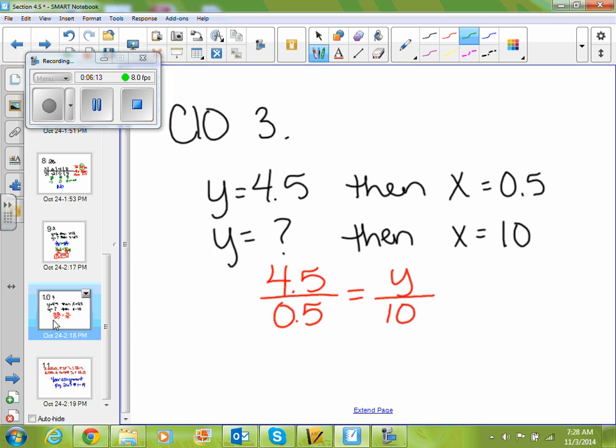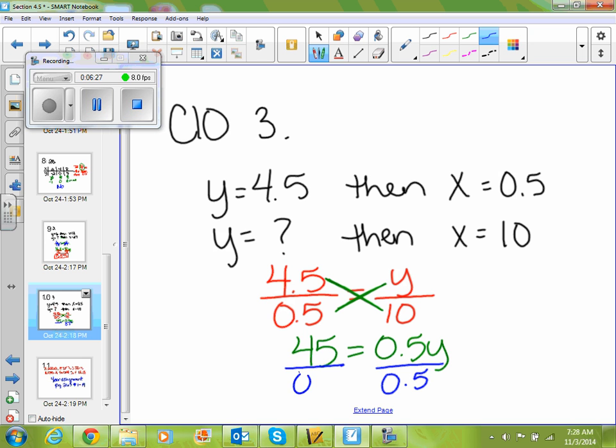We're again going to cross multiply, so 4.5 times 10 is 45. 0.5 times y is 0.5y. And then divide both sides by 0.5. And I know that y equals 90.